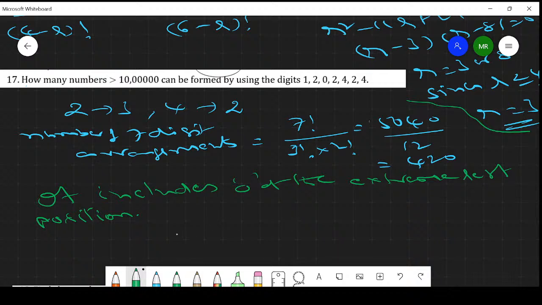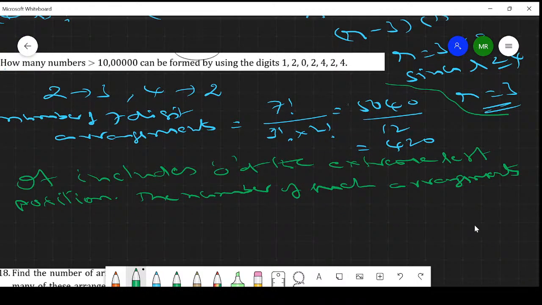The number of such arrangements I can consider now.